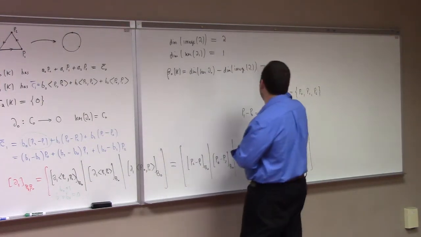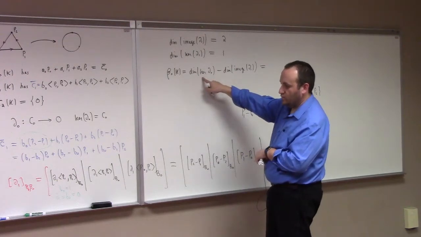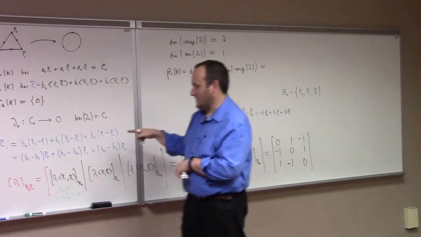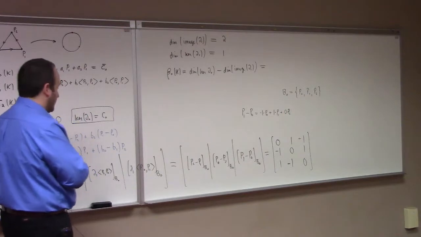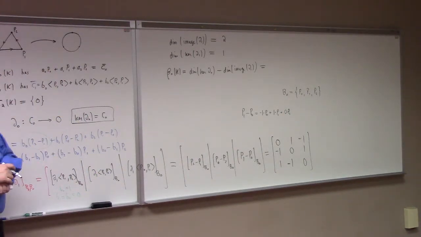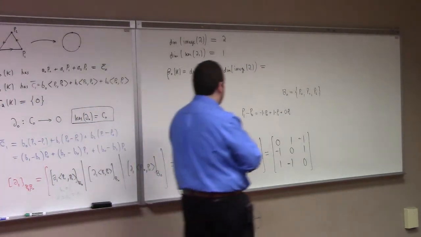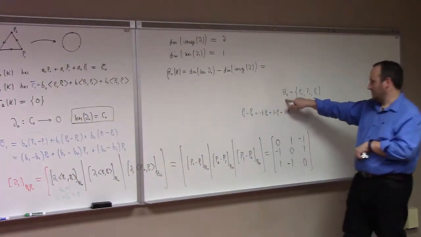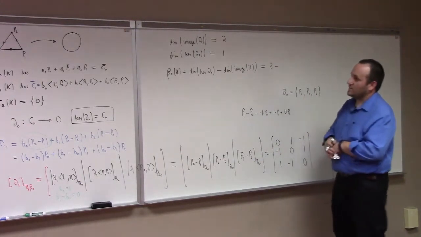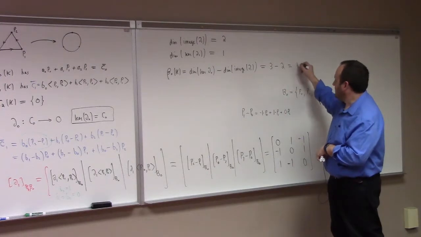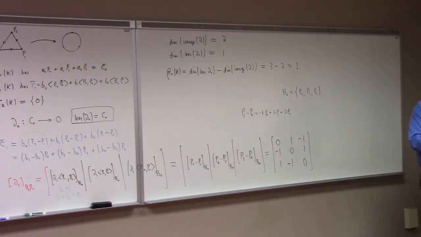We figured out the dimension of the kernel: if the kernel of the boundary map is C0, what's the dimension of the kernel? If it's all 0 chains, that's a 3. So we have 3 minus 2, which is equal to 1. So the 0th Betti number for the circle is 1.